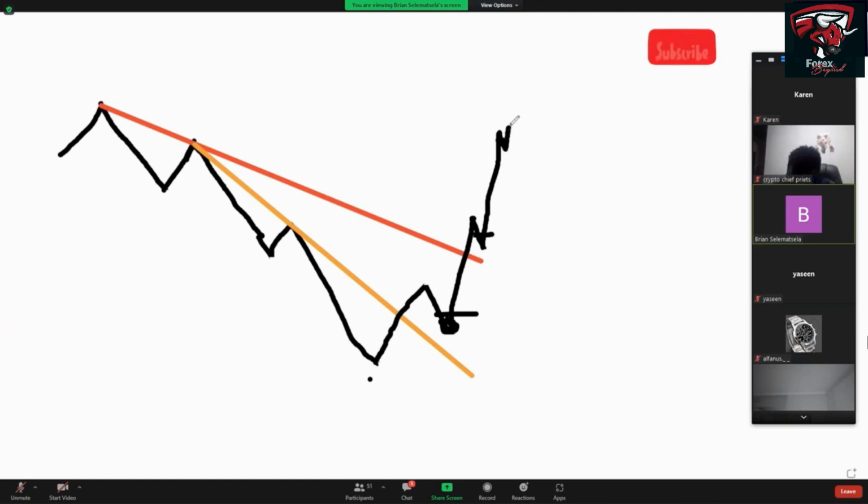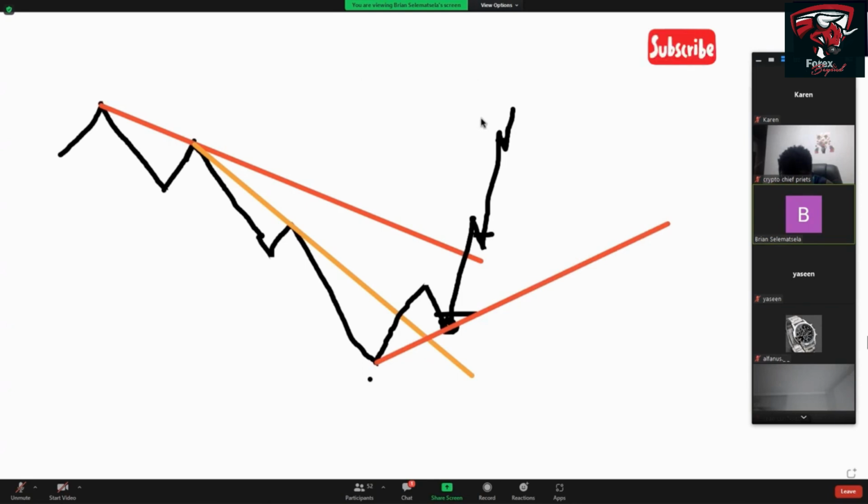After you find a structure like that, you start drawing your same lines again, your footprint line and first layer line. The reason we draw them is so that we know when to pull out, meaning when to close the trade.